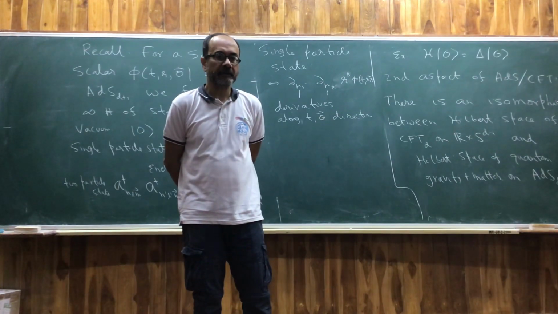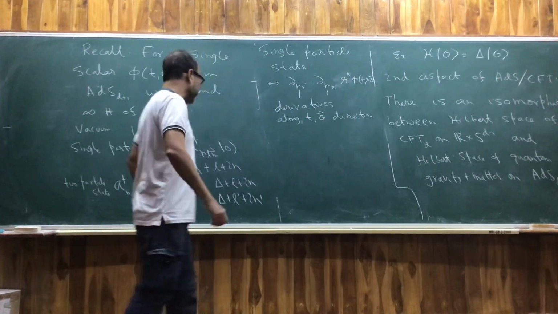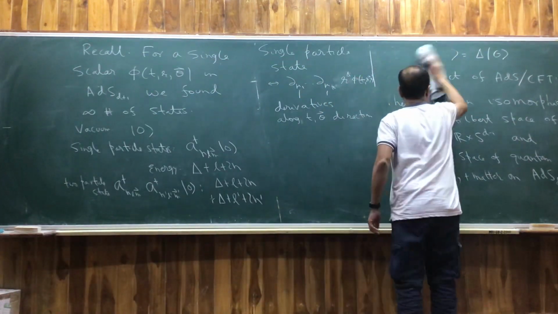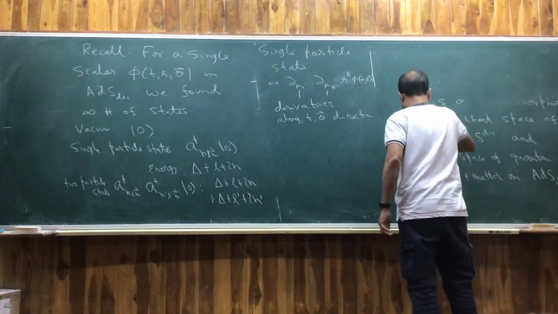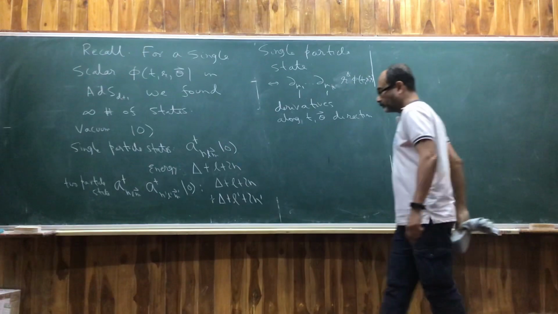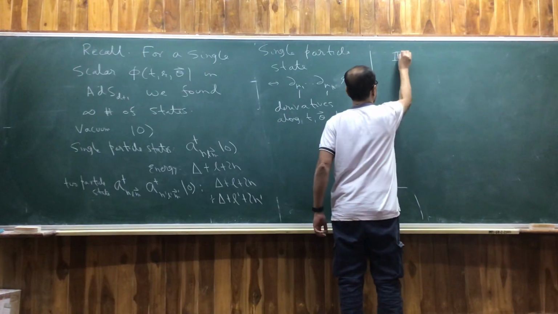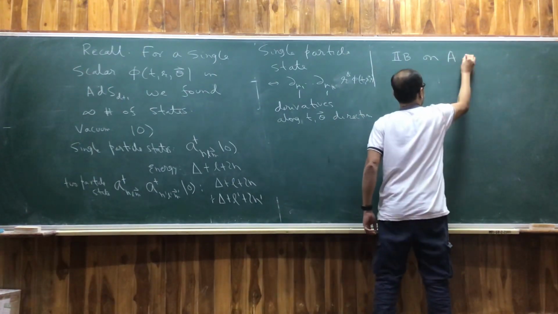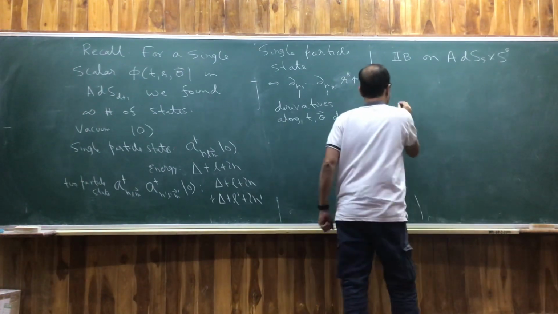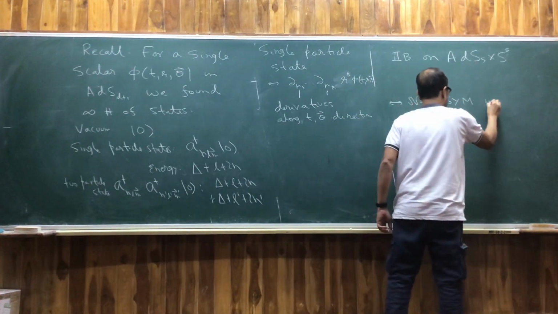But how does the CFT see the R? There is a parameter in the CFT which is the R. Let me use the example of type 2B on AdS5 times S5, which is supposed to be dual to N equal to 4 super Yang-Mills with gauge group SU(N).